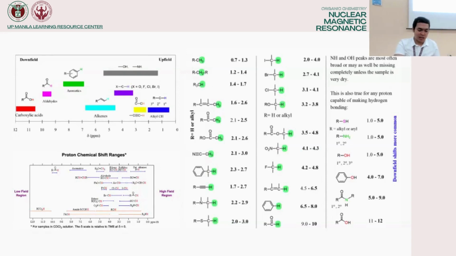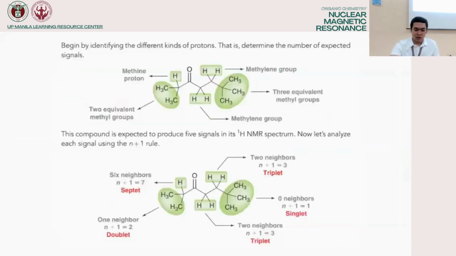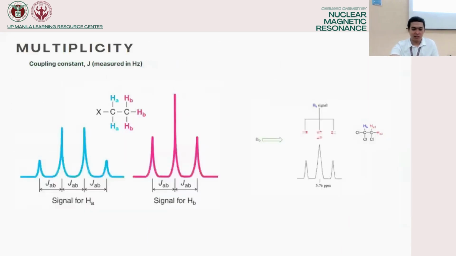And then, before we end, I think, ayun lang for today. Kasi meron na tayong na-discuss na natin yung mga basics. And for next meeting, which is on September 21, we will deal kung paano lahat nangyayari yung chemical shift, integration, and splitting.